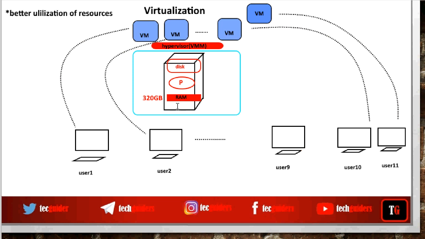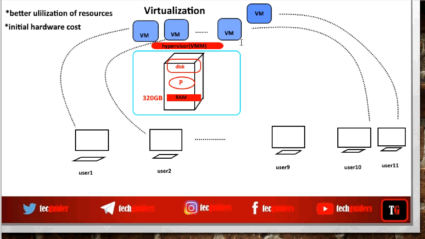Thus we can have a much better utilization of the resources. Not only that, the initial hardware cost can be reduced. Here even if we do not have 320 GB RAM, with virtualization we can support all these systems. In this way, we can reduce the initial hardware cost.